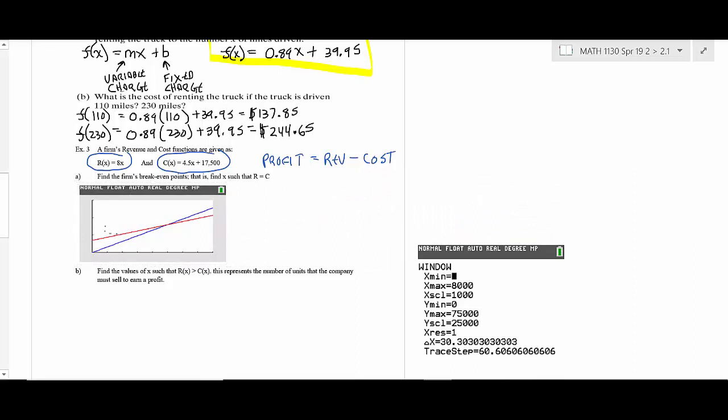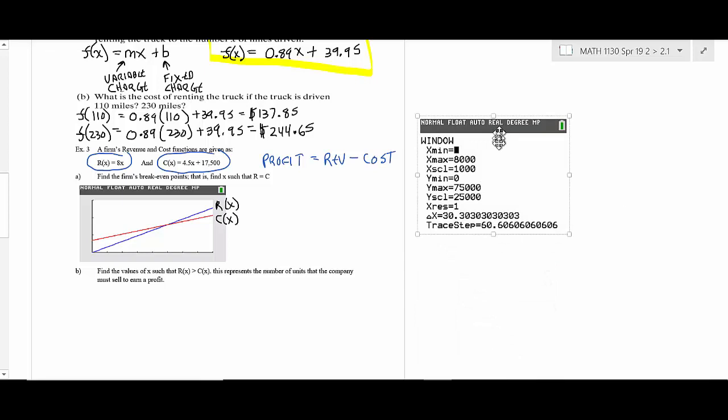This line right here is R of X. This red line right there is C of X. I just put those two things in my graphing calculator, and I did this window. If you want to put this in your calculator now, you can, but you don't have to. I played with the window so I get a pretty good picture of it.